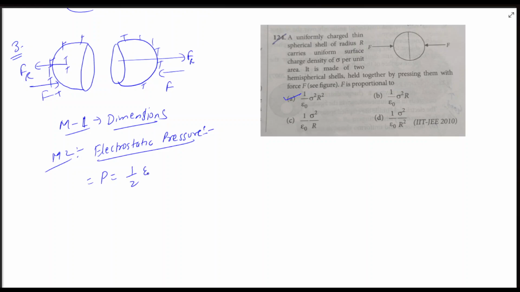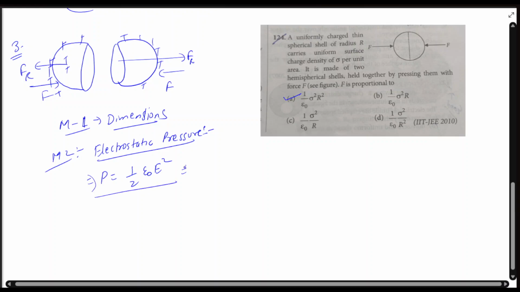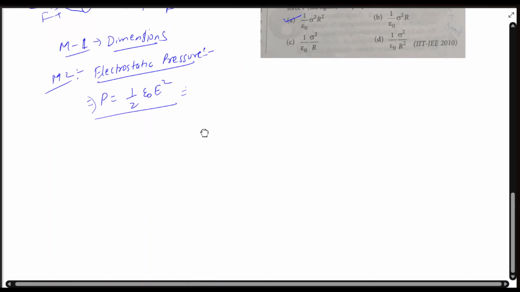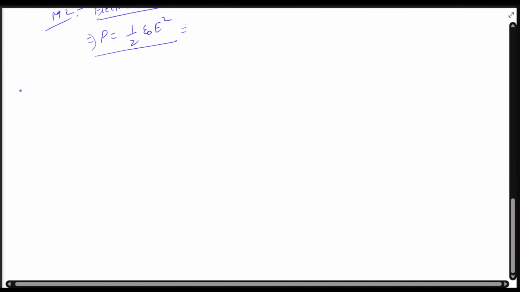It was half epsilon naught E square, right? So E we can take as sigma upon 2 epsilon naught or sigma upon epsilon naught. You can take anything and from there you can find the answer. So this is our second method. It's a simple, easy question, don't overthink this question. Okay, let's move on to the fourth question.